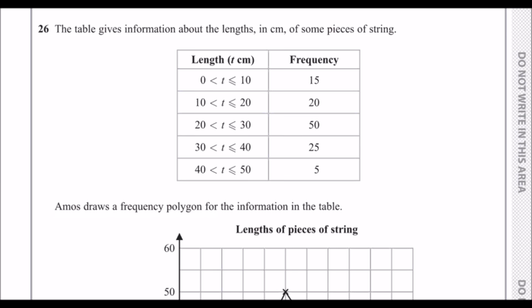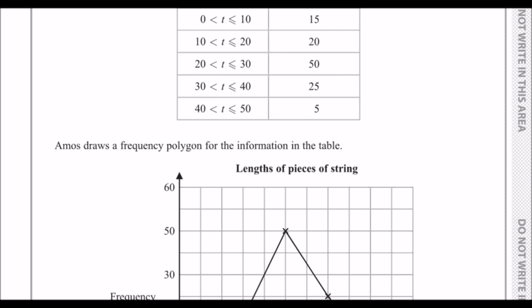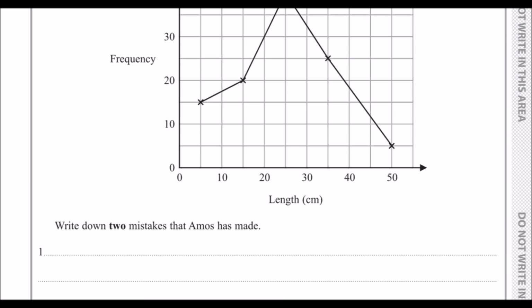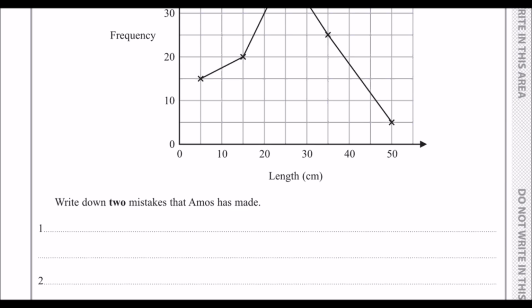Question 26. The table gives information about the lengths in centimeters of some pieces of string. And Amos draws a frequency polygon for the information. We need to write down 2 mistakes that Amos has made.